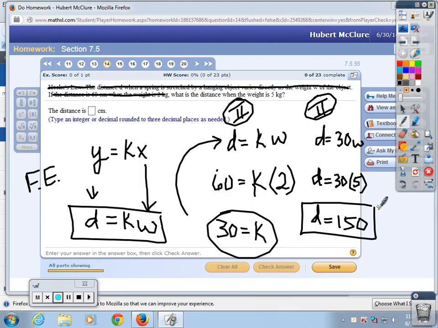The second type of problem is going to be like this. Number 14 is your first problem. So 14 through 23 is pretty much going to be these type problems, unless they throw something else in there I don't know about. So let's do another one.